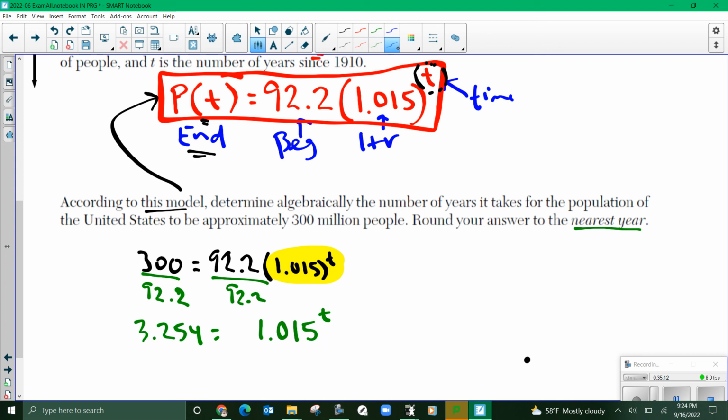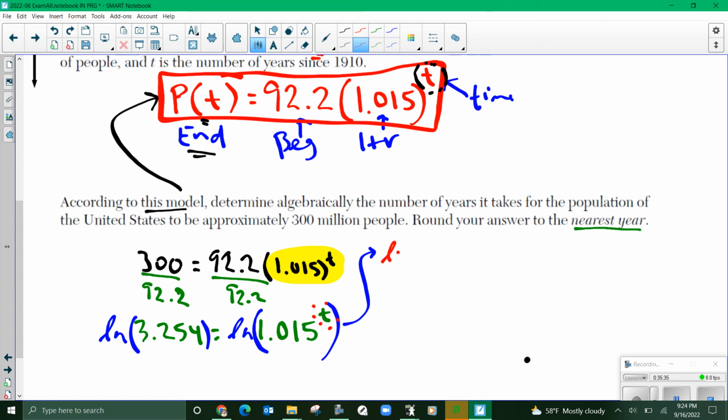All right, here we go. So now I need to bring that exponent down. This is when I bring in ln. What I do to one side, I have to do to the other. So let's just go up here, and now I'm going to rewrite my right side with my exponent coming down.